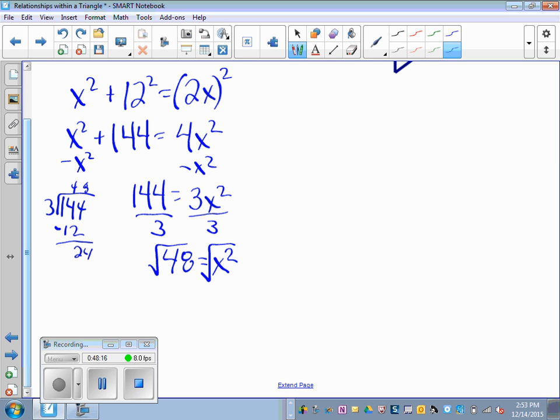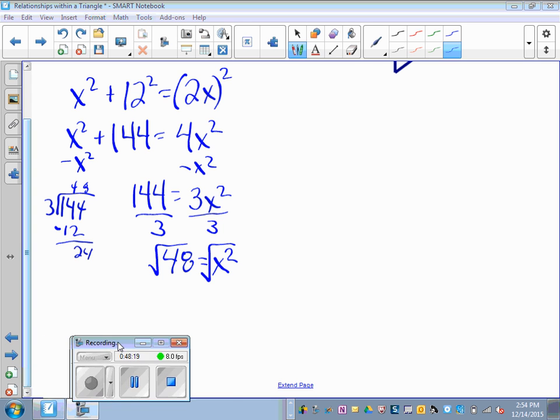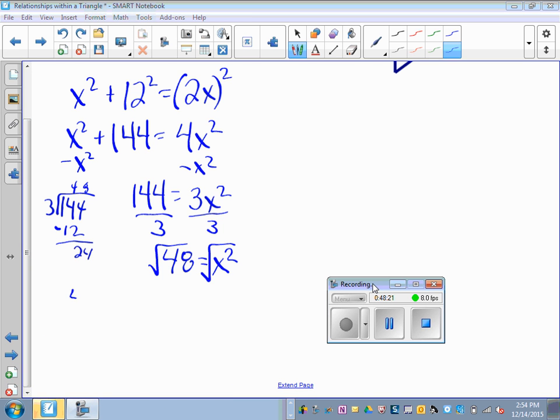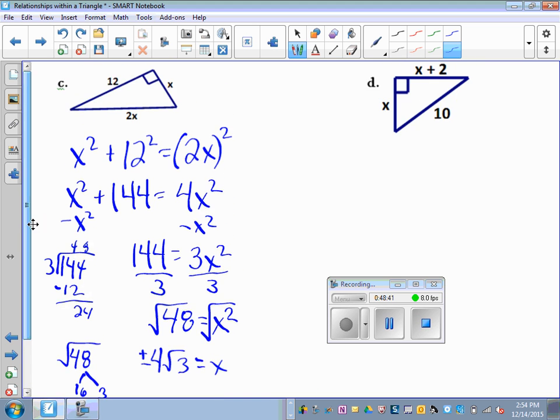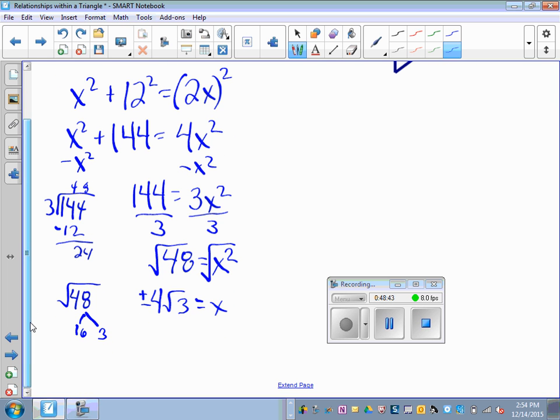Do you think perhaps we can simplify that square root? 48 breaks down into 16 and 3. So I get 4 square root of 3 equals x, and we should have a plus or minus there. But can I use that negative this time around? Still can't use it yet. So my side is only positive 4 square root of 3.